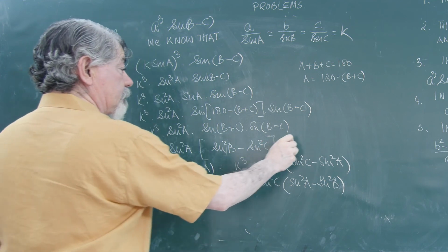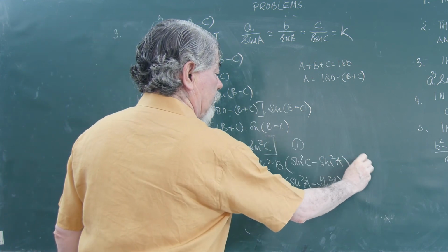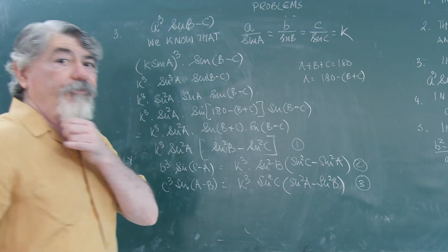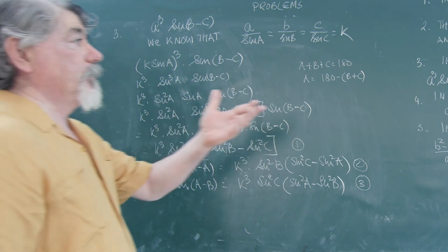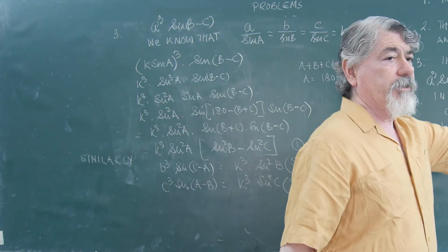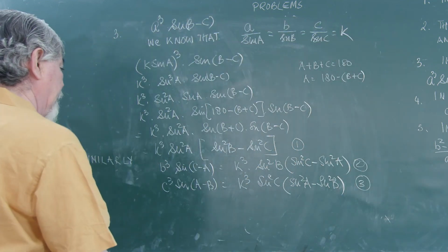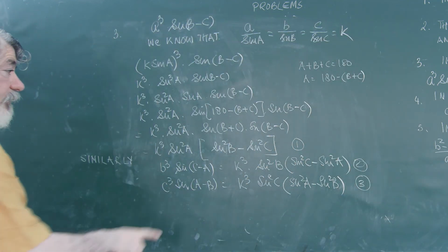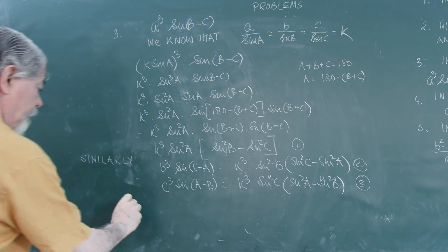Now you've got three results. This is 1, this is 2, and this is 3. And if you add all the three results, they will be equivalent to this. Let us see. If I add all the three results, you can see everywhere I can take k cube common.